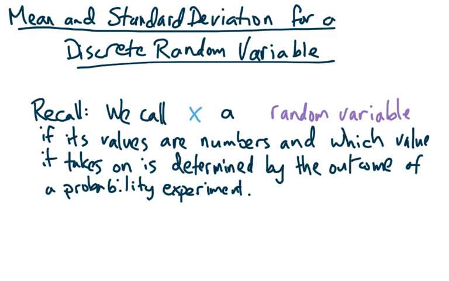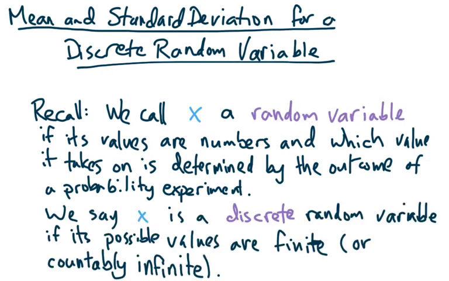So x is random. Further, we say x is a discrete random variable if the possible values are finite or at least countably infinite. And for the purposes of introduction, we're just going to use finite examples for now. But they have to be something that you can list, something that can be put in an ordered list.